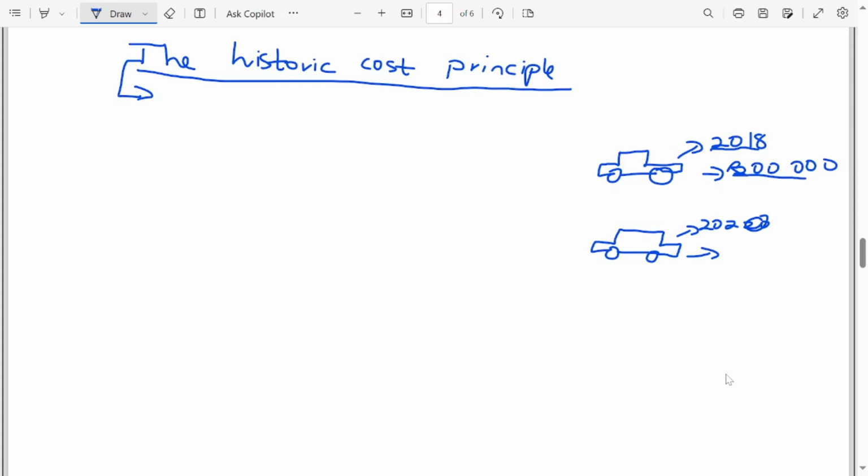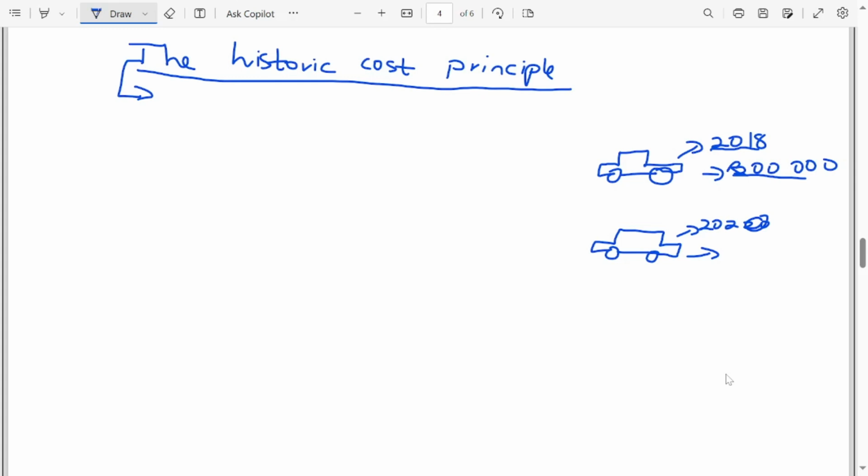But the historic cost concept is saying that assets should be recorded at their original cost price, or at the value at which they were bought. Meaning that if they were bought for 200,000, they should always be recorded at that price.